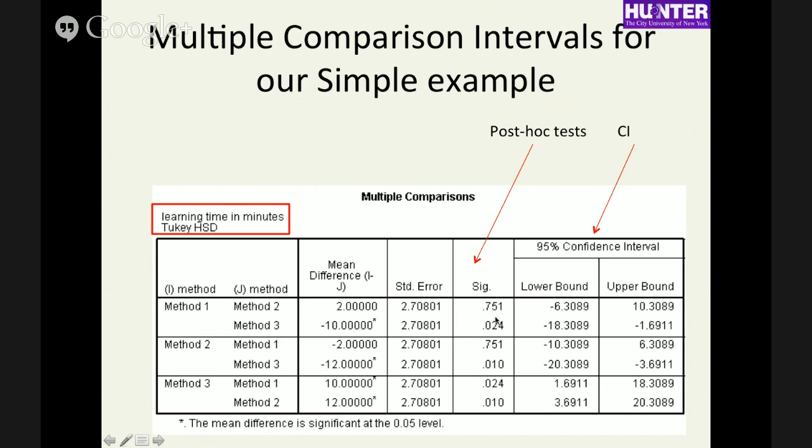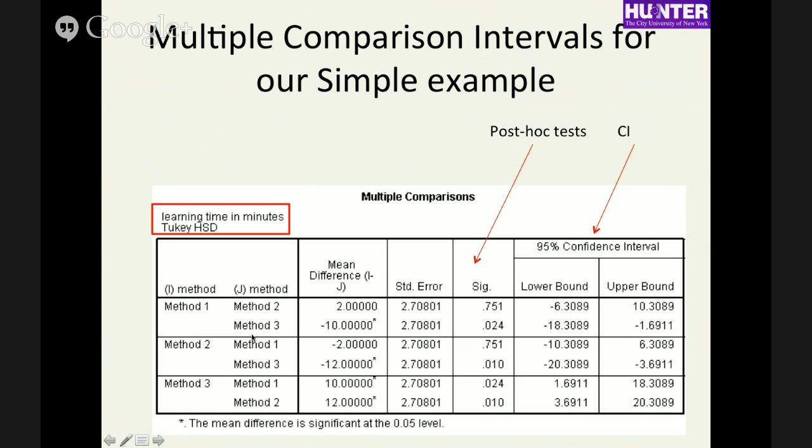Then a standard error, a p-value, and a confidence interval. So remember, between method 1 and method 3, there was a big difference, and this confidence interval doesn't include 0, and the p-value is less than 0.05. So we would say there's probably a difference between method 1 and method 3.